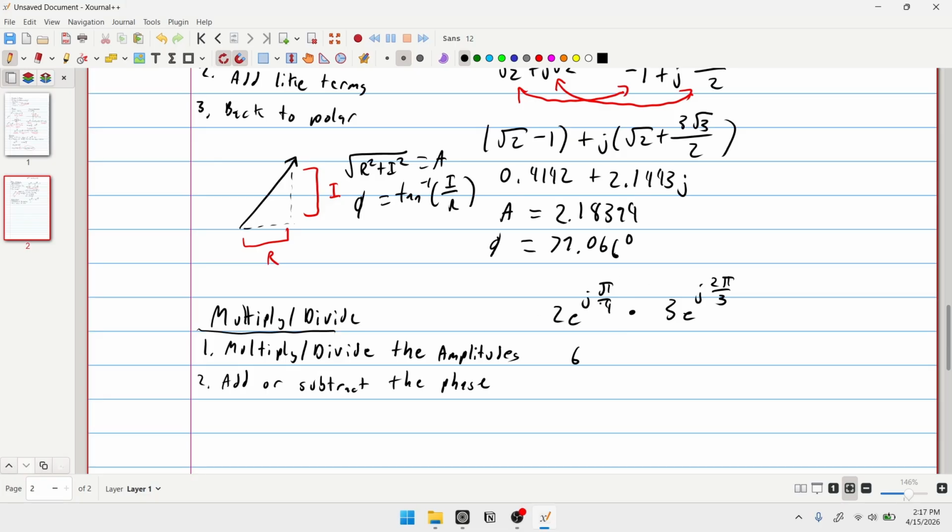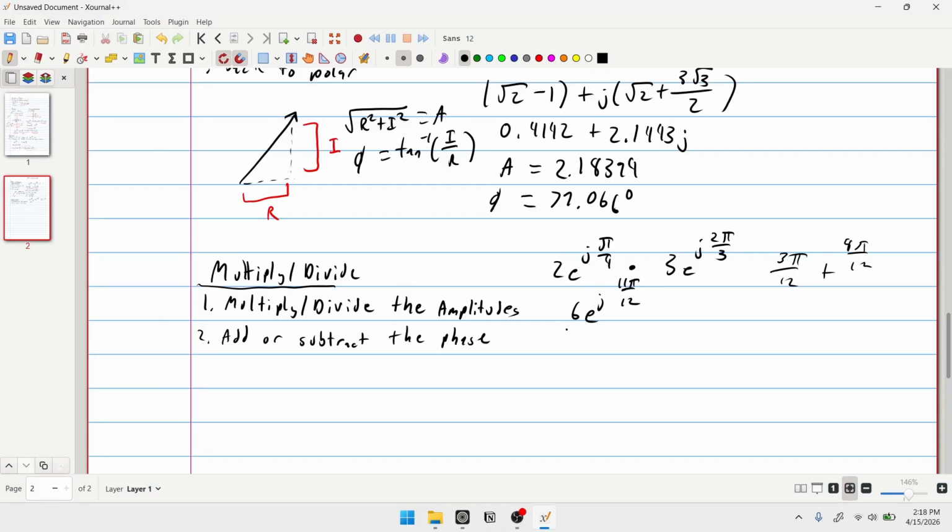And then if we're multiplying, we're adding the phases. So 3π over 12 plus 8π over 12. That gets us a phase of 11π over 12.